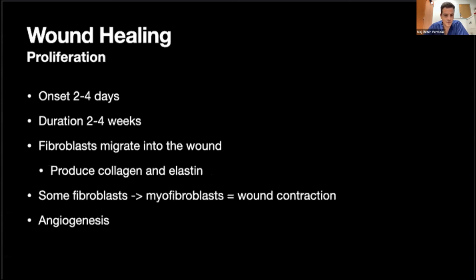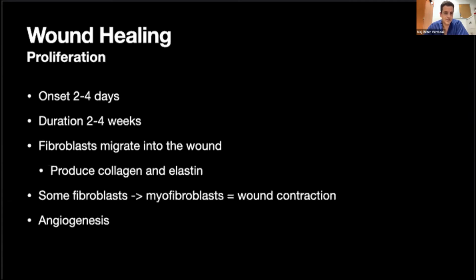They lay down collagen, which toughens up the wound, and then elastin, which brings back the compliance, the elasticity, to the wound. Some of these fibroblasts differentiate into myofibroblasts, and they cause contraction of the wound. So over time, the wound will become smaller and tighter, and the scar will become tighter.